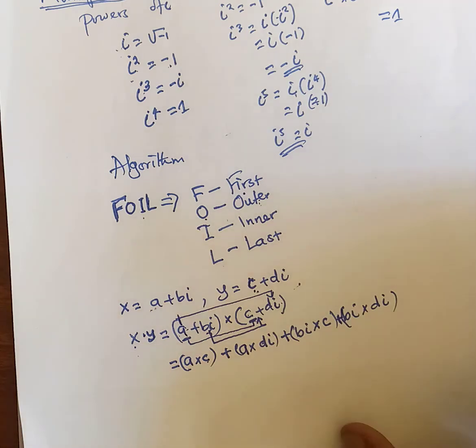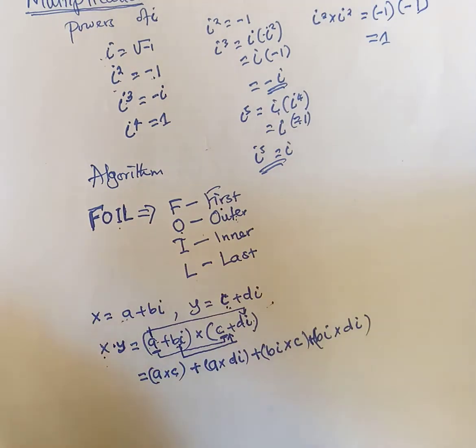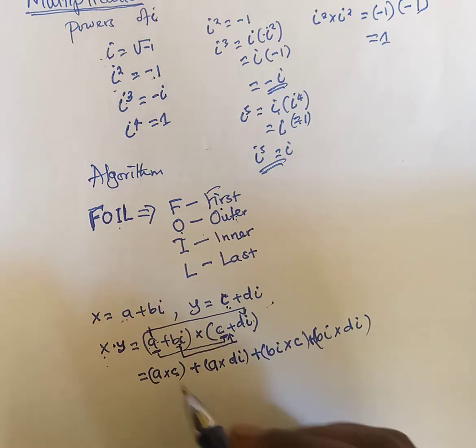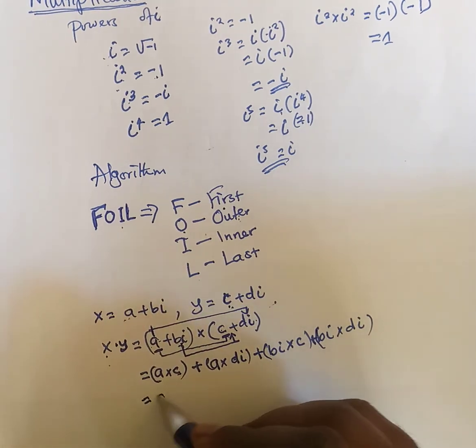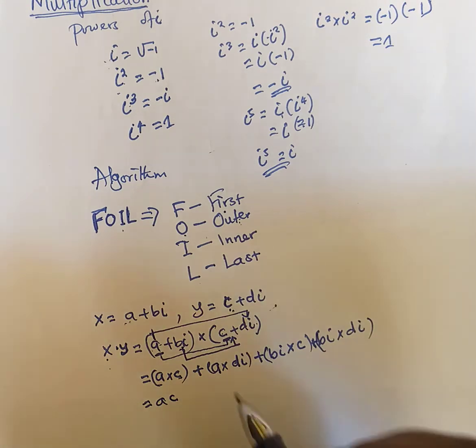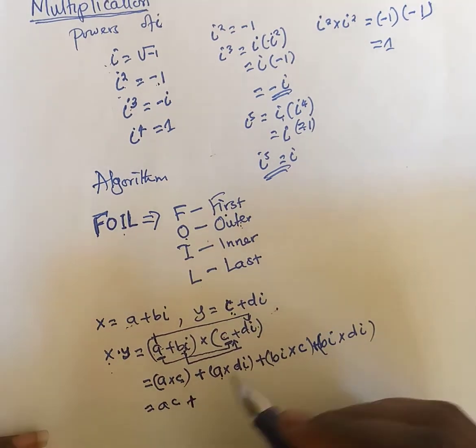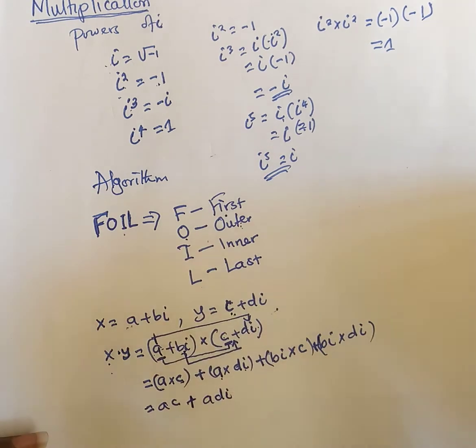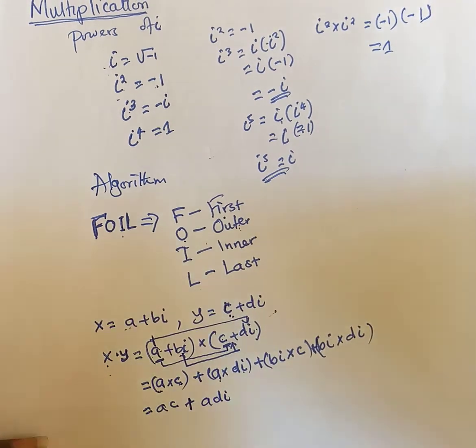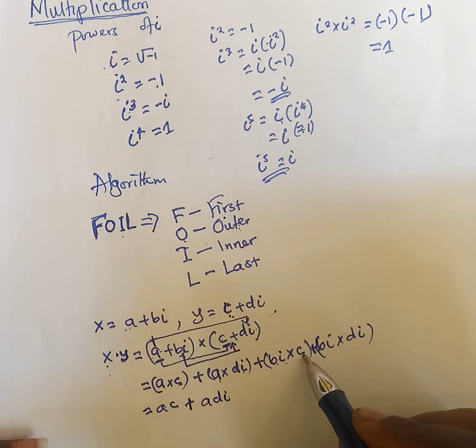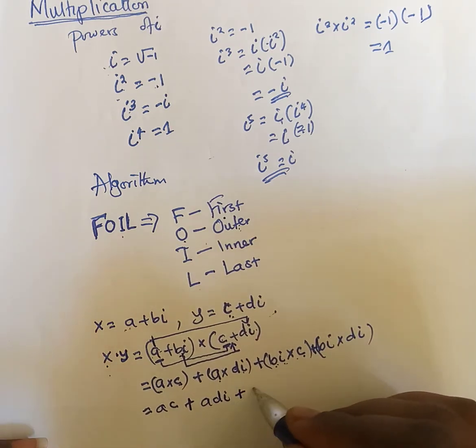Now let's do this. A times C is AC. A times DI is ADI. So I'm just looking at the ones with i. Then bi times c is plus BCI.